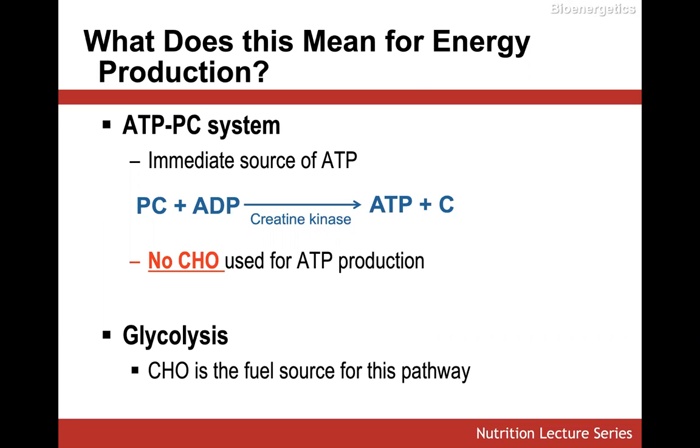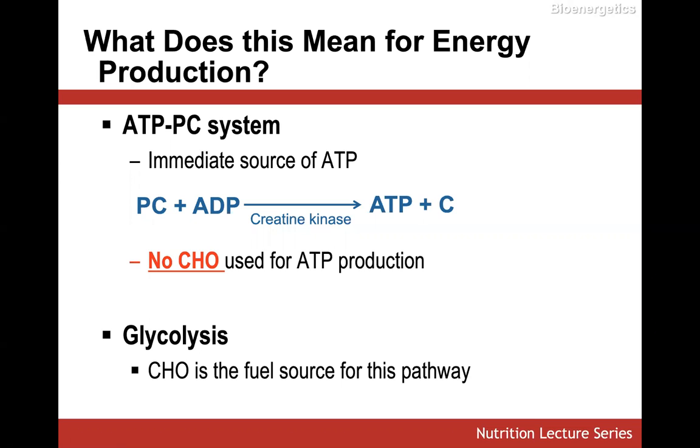This is what we talk about when we talk about nutrient timing and the type of foods that you're eating, because we're targeting a particular energy pathway. And if you're trying to work a particular energy pathway, you have to fuel it correctly.